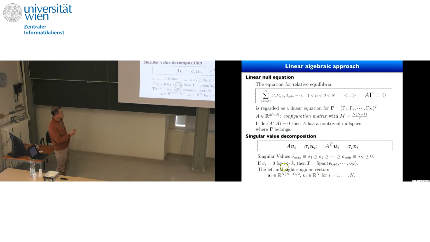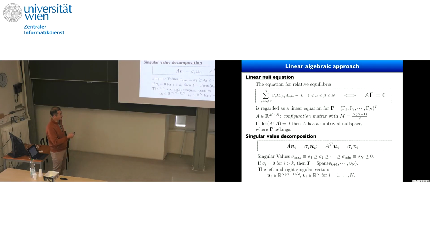And if the singular value sigma i is 0 for i greater than k, then the gamma belongs to the null space spanned by the singular vectors corresponding to the 0 singular values. Okay, so that is the mathematical background of how we obtain the configuration of the vortex crystal.